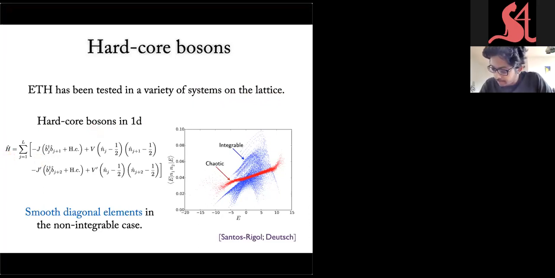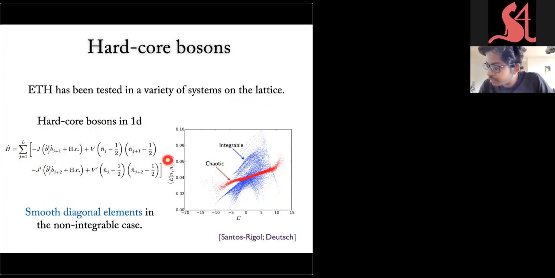There are L sites, and there is this hopping term. The boson can hop from one site to the next site, plus the Hermitian conjugate, and then this is a potential which is constructed out of the number operator.